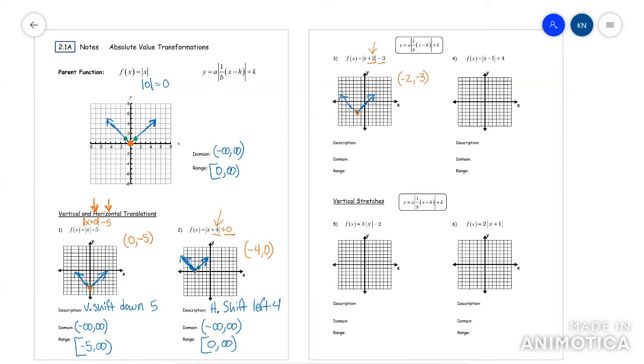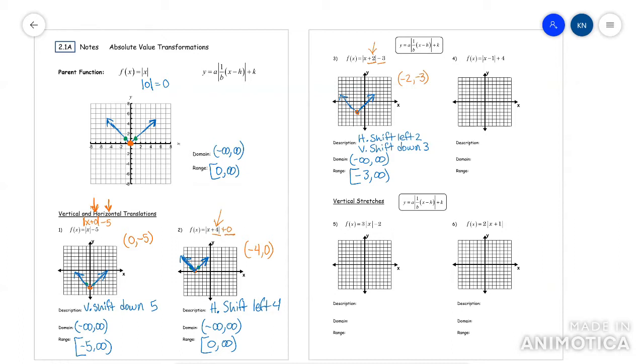The description: this was a horizontal shift left 2, and also a vertical shift down 3. The domain's all reals. And the range is going to be everything from -3 to positive infinity, like that.